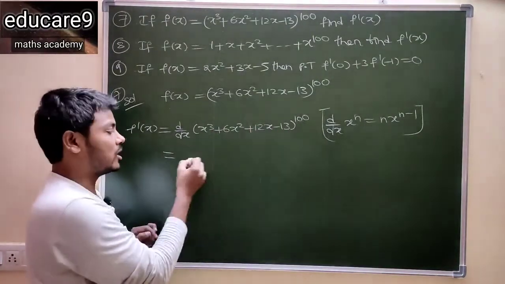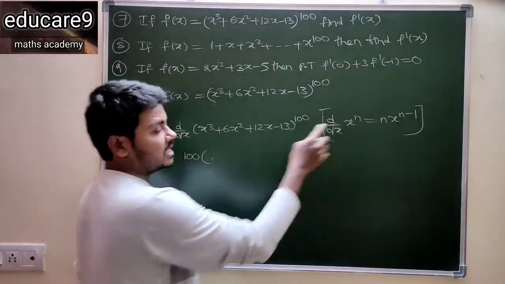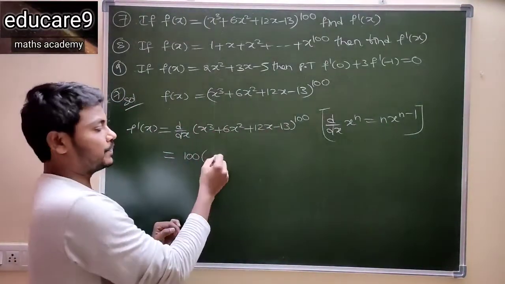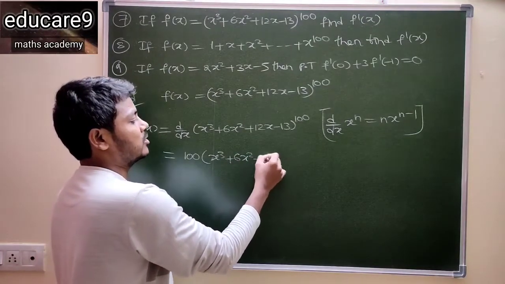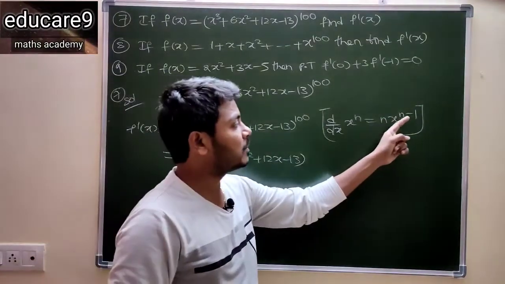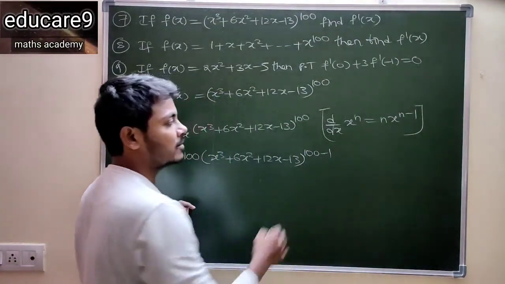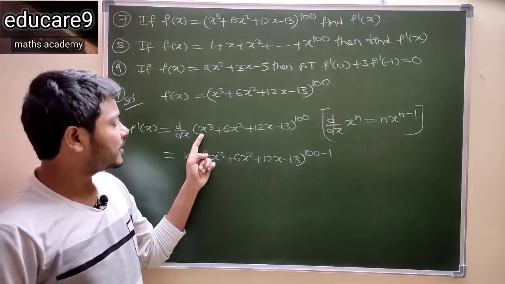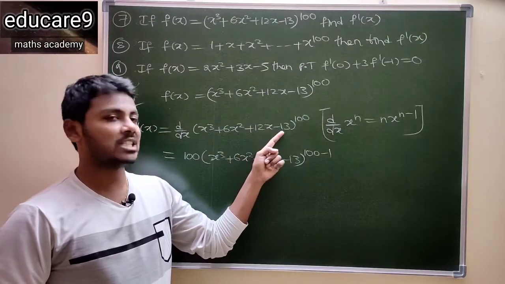What is the n value? 100 into x. What is the x value? This is the x value: (x cube plus 6x square plus 12x minus 13) whole to the power of n minus 1. What is the n value? 100 minus 1. But in place of x, we have x cube plus 6x square plus 12x minus 13.